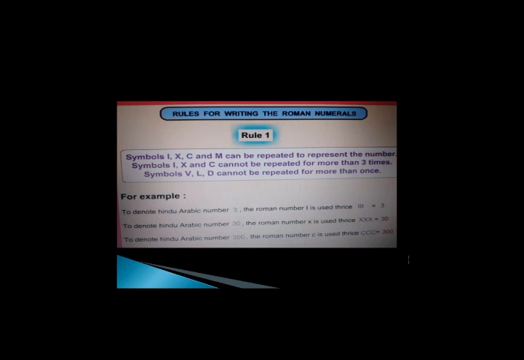Similarly, to denote Hindu-Arabic number 30, the Roman number X is used thrice, like XXX, which is equal to 30. Same way, to denote Hindu-Arabic number 300, the Roman number C is used thrice, CCC, which is equal to 300.